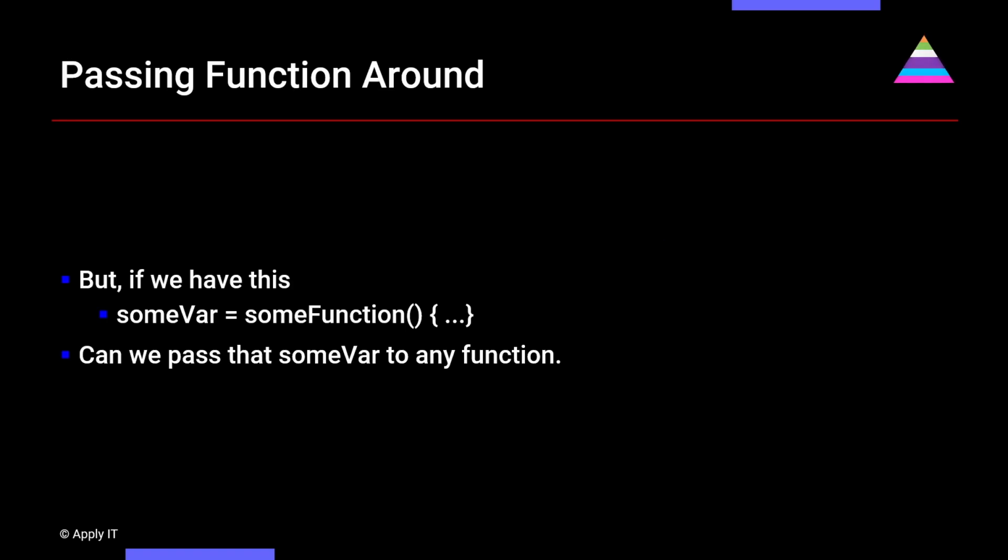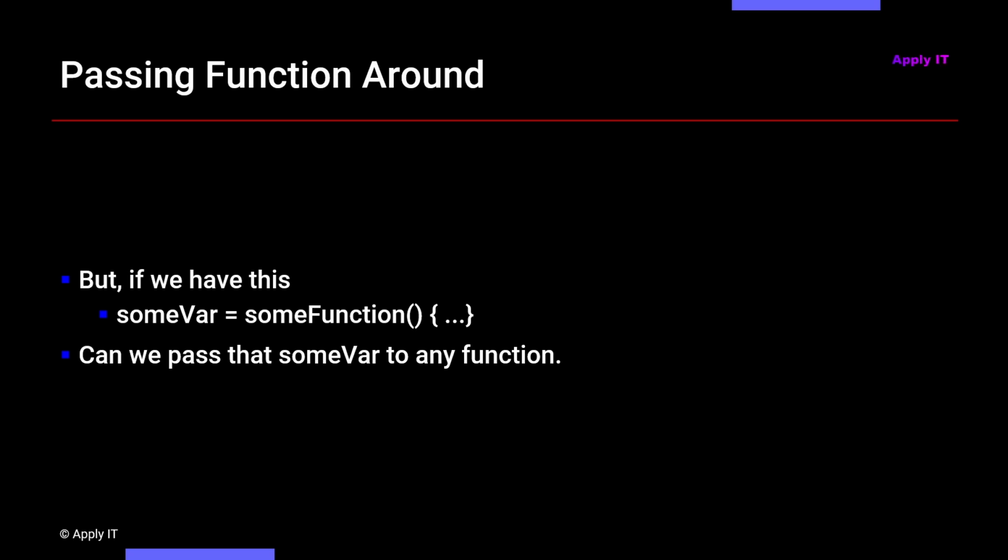Now we understand, is it possible to pass a method around or pass a function around? In the same sense, we had a string variable or say a count variable. Can I have a variable whose value is some function? So we have a variable which holds some function as a value.